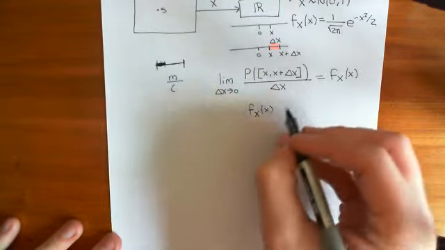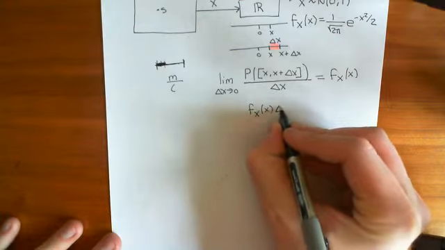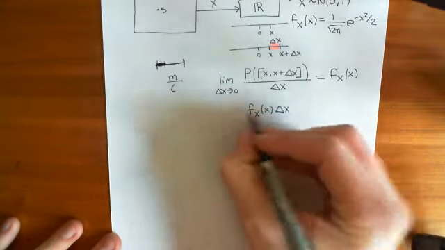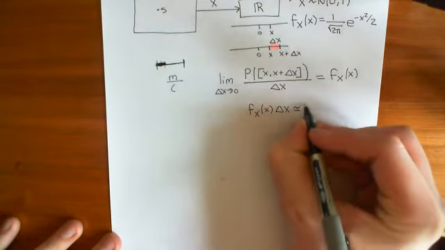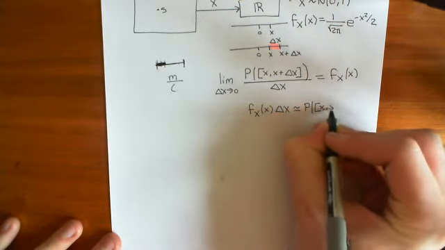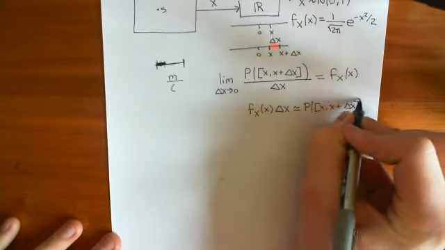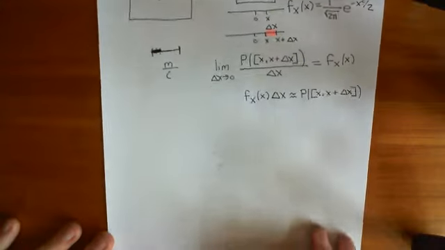Of course it's not really, but we can assume it is if delta x is very small. And all we need to do is take the density and multiply by delta x. So that will be roughly the probability that you're within that rod, providing x to x plus delta x is very small. So that's just a quick reminder of what a probability density function is.